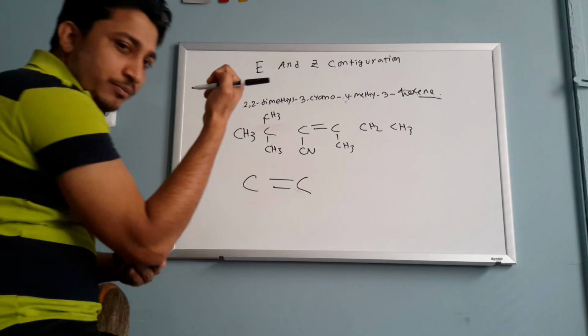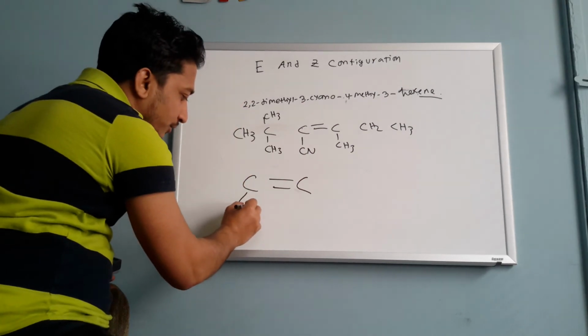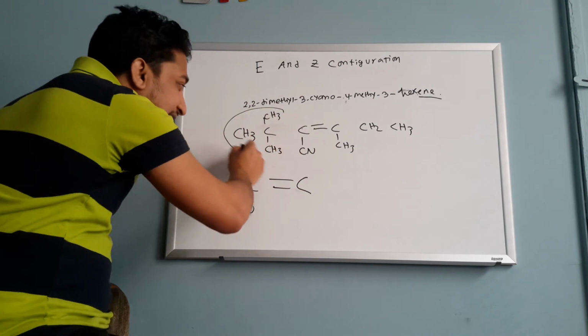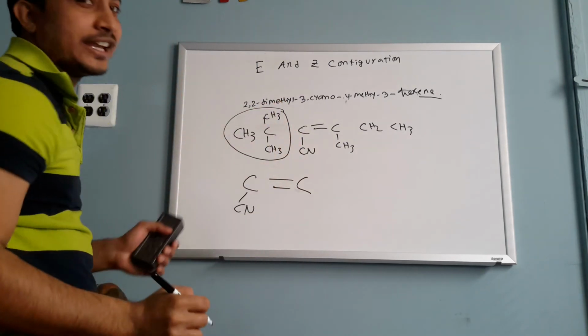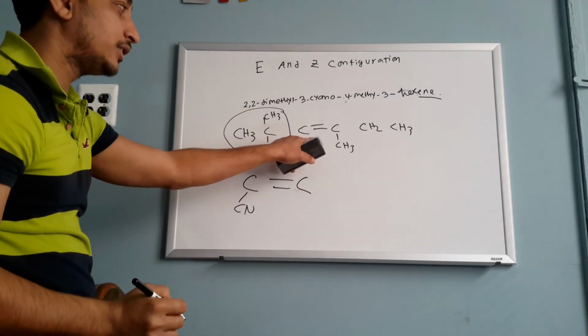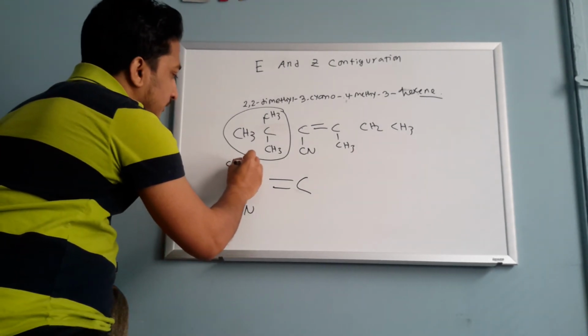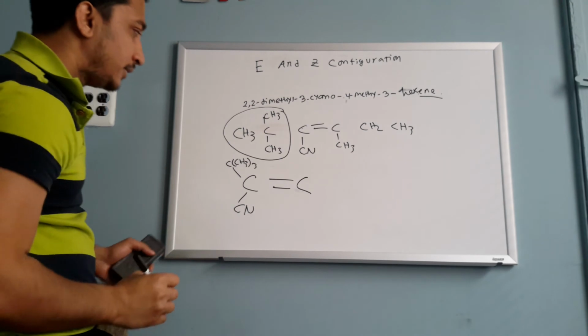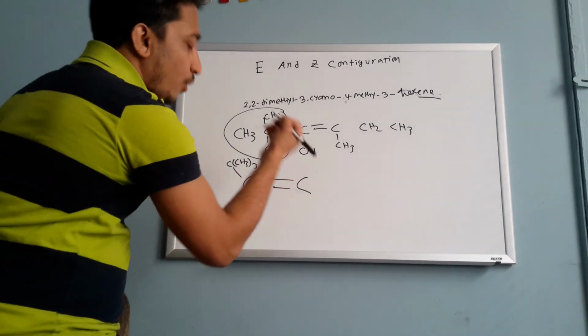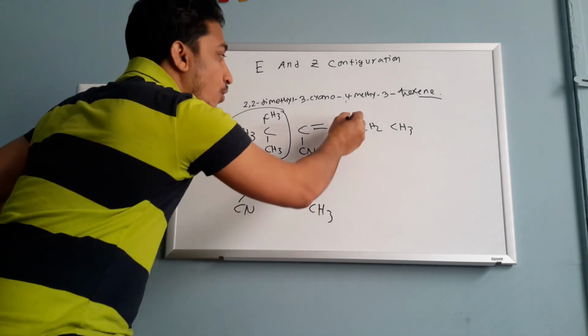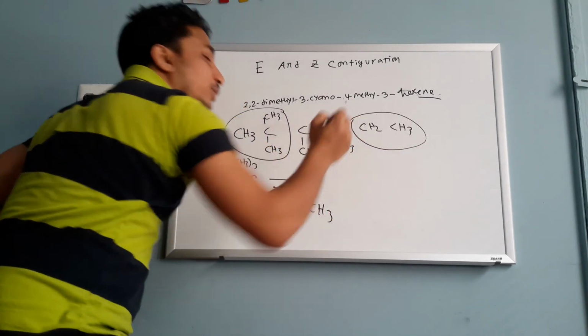This carbon, one bond is cyano, CN. Another bond is what? The whole entire thing is another bond for this carbon. So what is the other bond? CH3, right? For this carbon one bond is CH3. The whole entire thing is another bond.